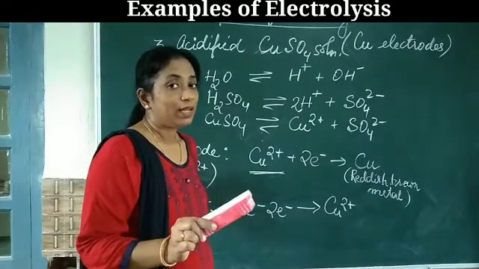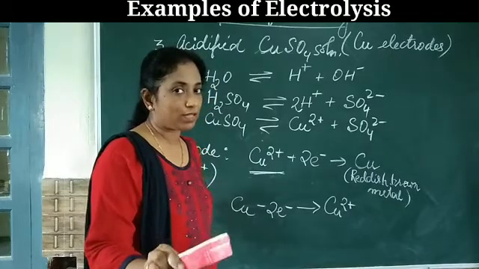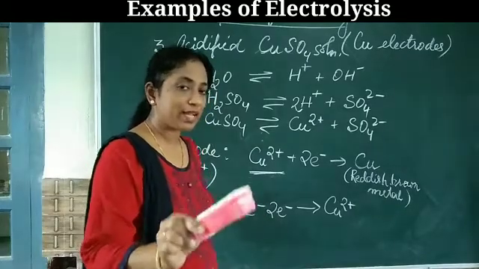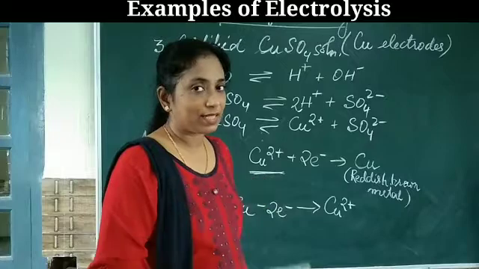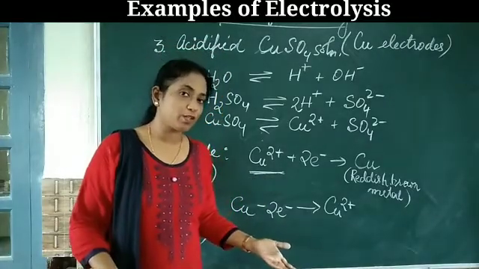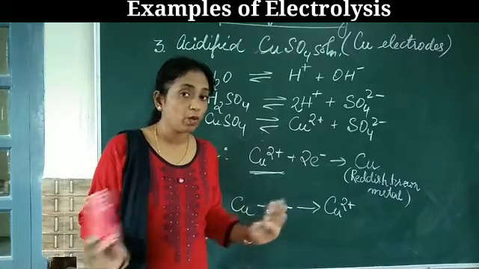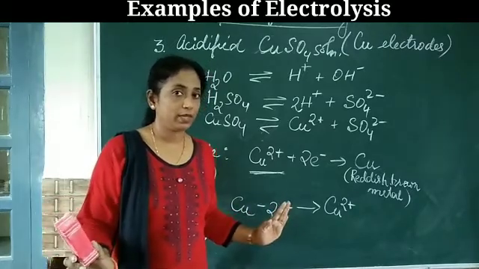Okay? So the number of Cu2 plus ions in the electrolyte remains constant, and if the Cu2 plus ions remain constant, then what will happen to the color of the electrolyte? The color of the electrolyte will also remain intact. There will be no fading. Okay?